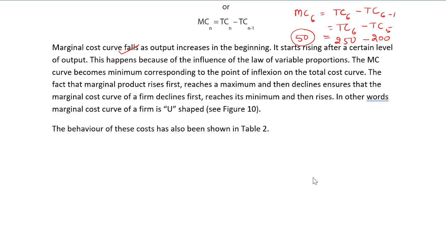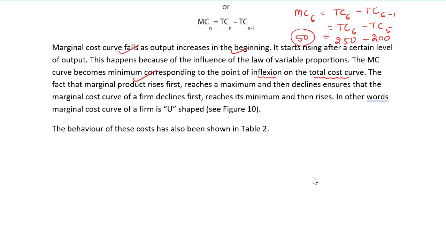The marginal cost curve falls as output increases in the beginning. It starts rising after a certain level of output. This happens because of the influence of the law of variable proportion. The marginal cost curve becomes minimum corresponding to the point of inflection on the total cost curve.